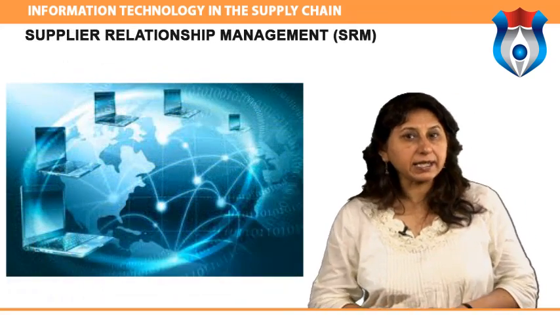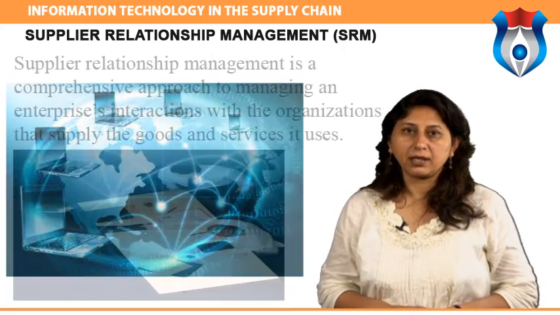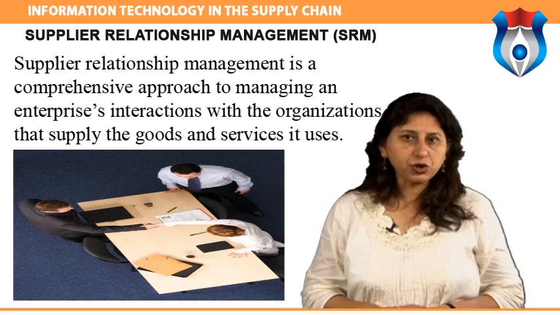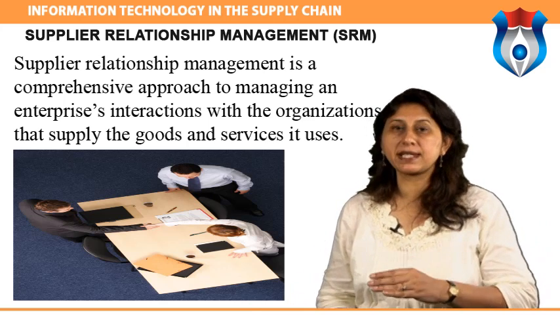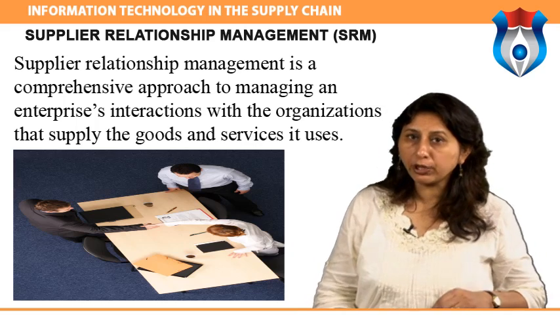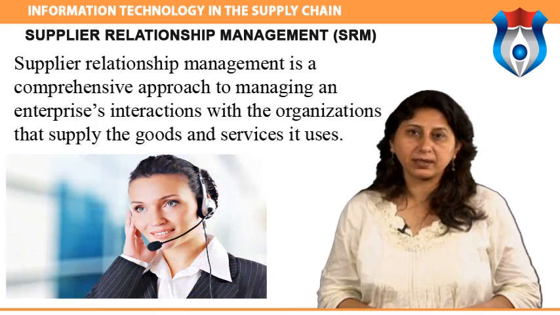Here we will discuss supplier relationship management, SRM. Supplier relationship management is a comprehensive approach to managing an enterprise's interactions with the organizations that supply the goods and services it uses.